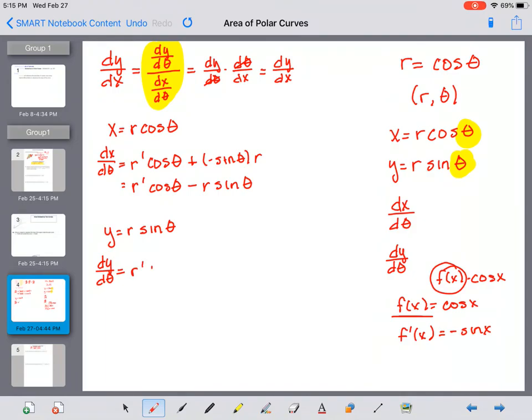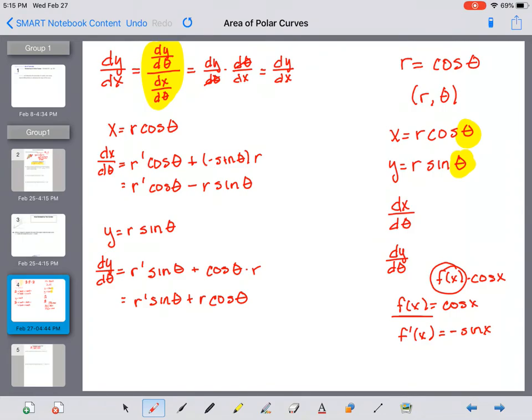Derivative of the first times the second, sorry, it's sine, plus derivative of the second, which is cosine, times the first. I'm just going to rewrite that really quickly. So r prime sine theta plus r cosine theta.